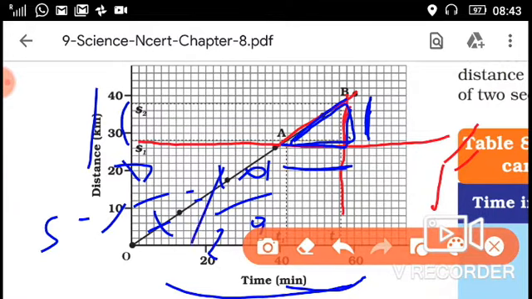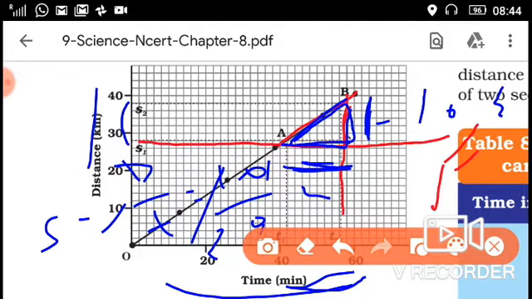Then you will cut it, then 1 by 2 or 0.5 meter per second. This is the answer. Very easy. This is distance 10 meter and this is time, that is 20 seconds. So by using this formula you can also find the speed of the object.